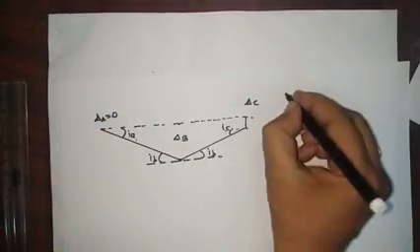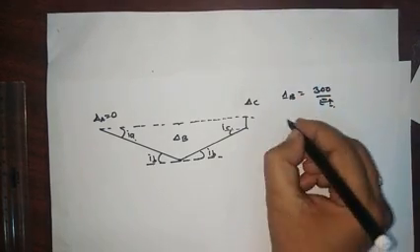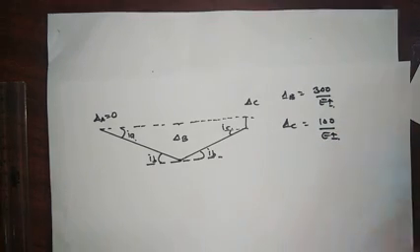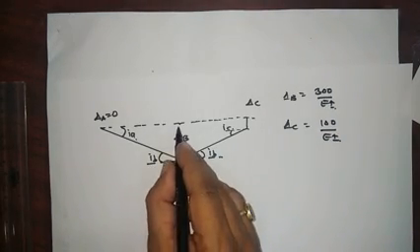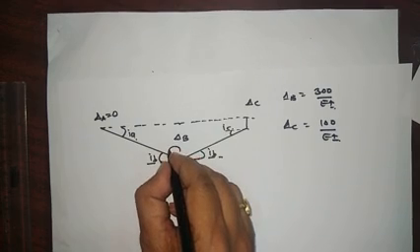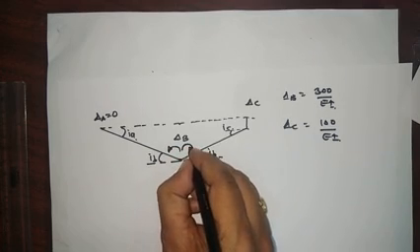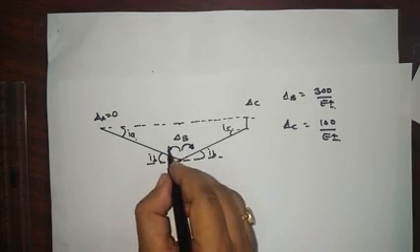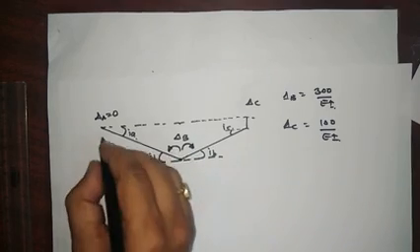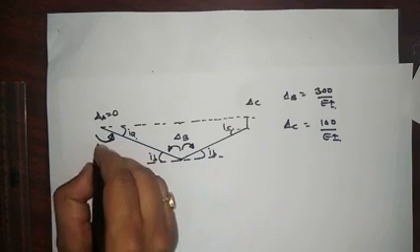Now here this delta B that is given is 300 by the EI, and delta C that is given is 100 divided by the EI. So now due to this sinking of the support B, here develops the movement like this, and this will develop movement in the same direction here. These are the sinking movements.